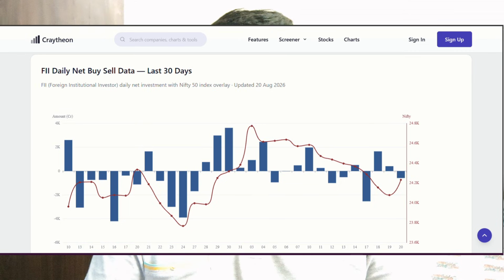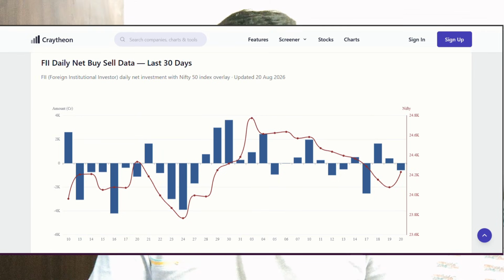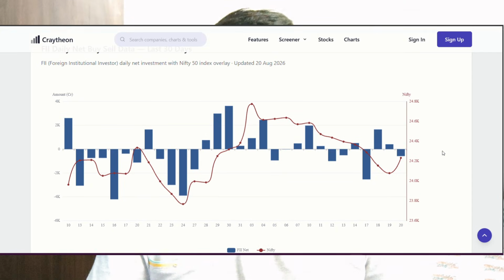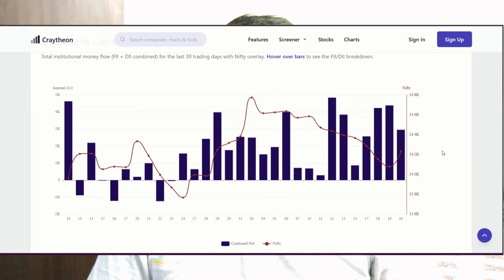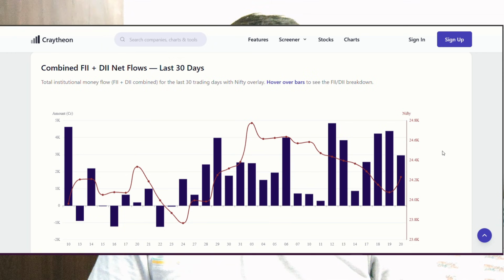Now we will see the FII daily net buy-sell data for the last 30 days, and the FIIs are actually reducing their selling this month. Also, the DII data has been positive for quite a long time, and it is still positive and in an increasing trend.